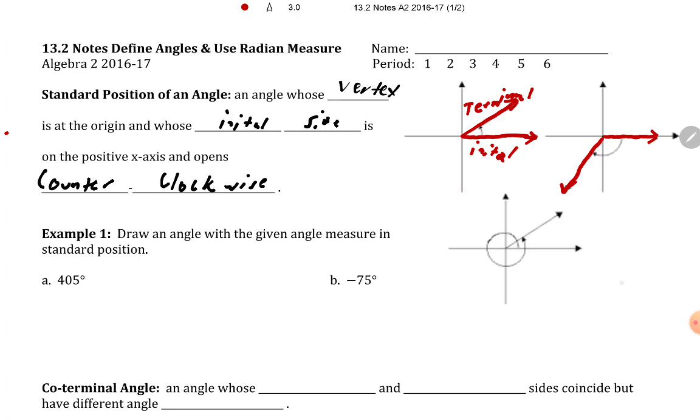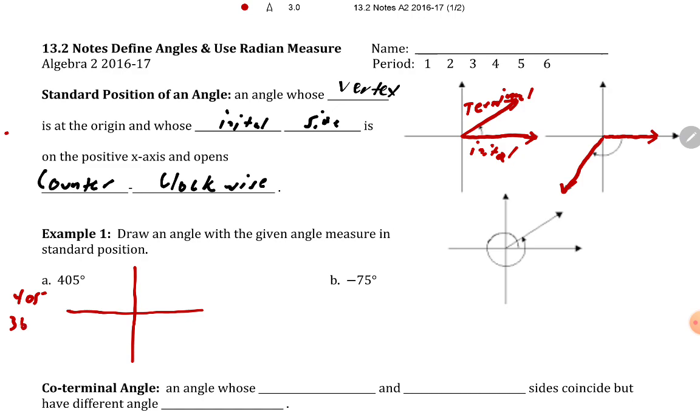All right. Draw an angle with a given angle measure in standard position. So first off, we need to find out what 405 degrees is. A full circle is 360.